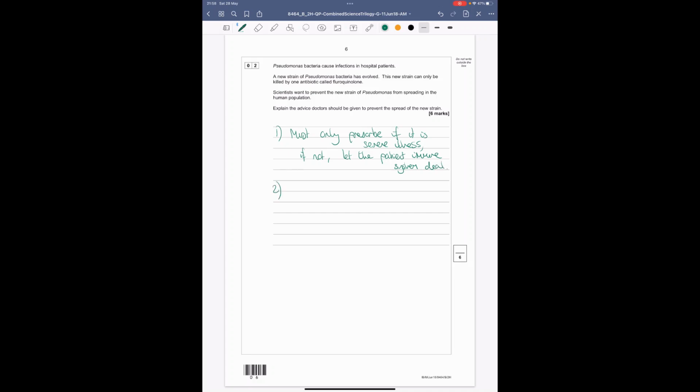Point 2, the doctor would then have to be sure that actually the drug they are prescribing is going to work. So they must not prescribe it for viral infections. Because we know, because viruses exist inside our own body cells, that antibiotics can't get to them and they can't kill it.